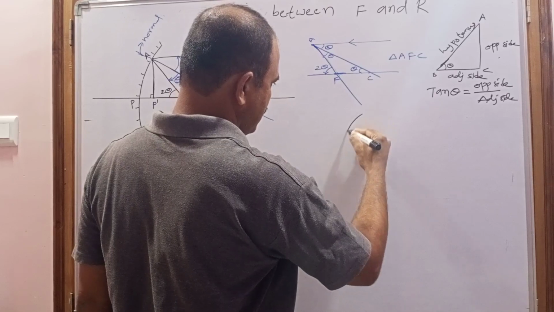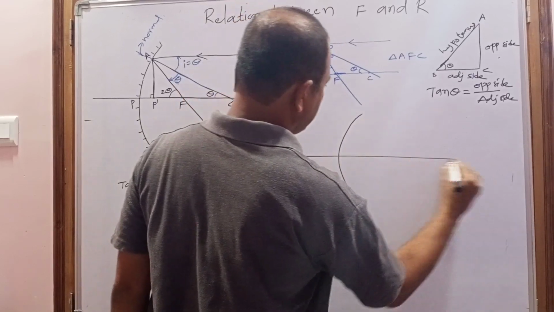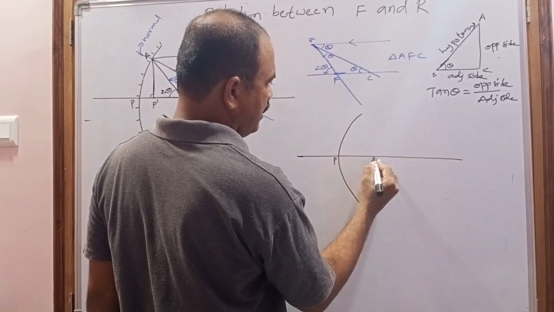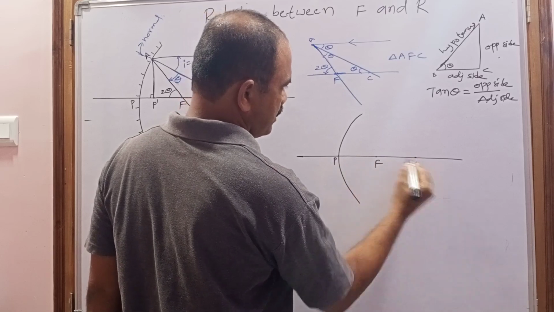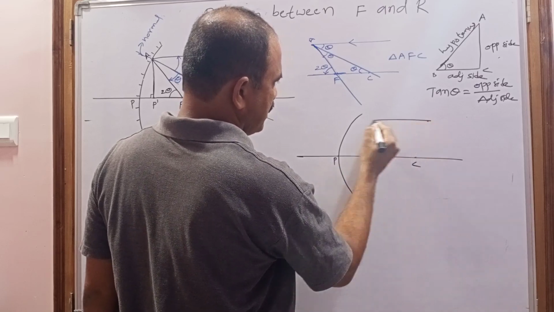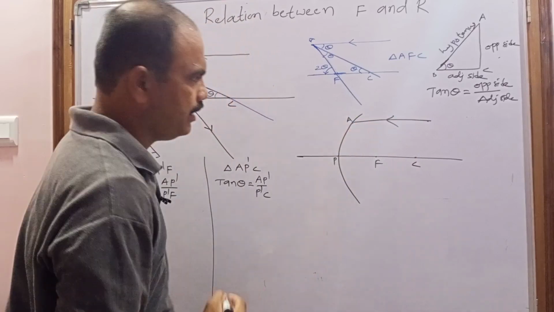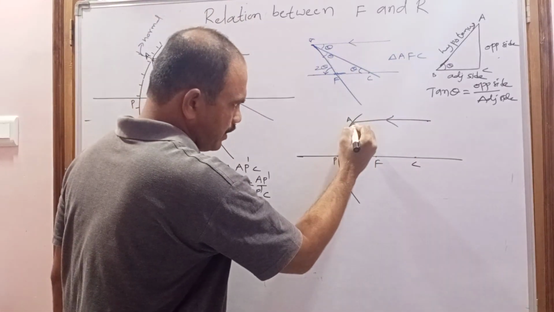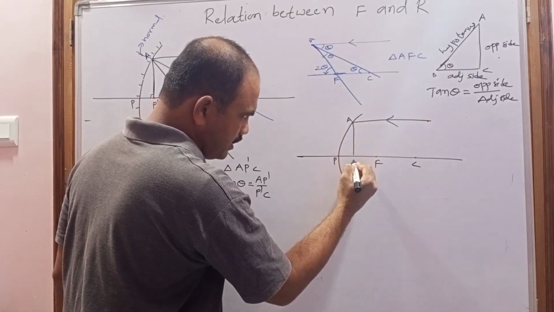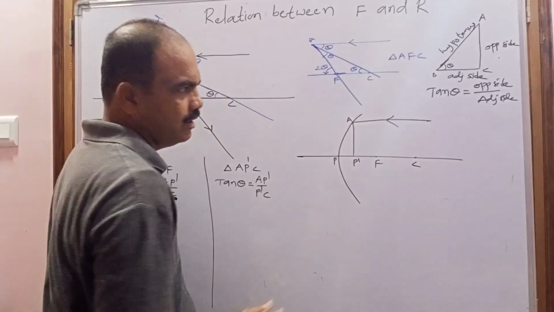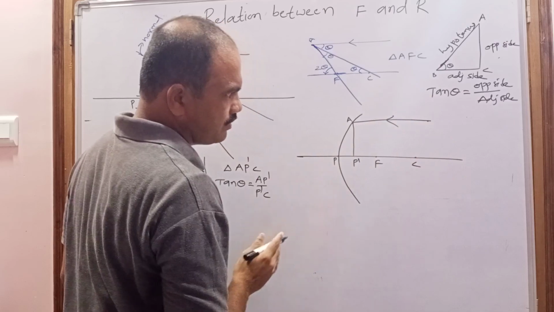Consider this is a curved surface. This is P, F and C. Now consider this is an incident ray, incident at point A. Now I draw the normal to the principal axis. This is P'. Now when this incident ray approaches this one, what happens?